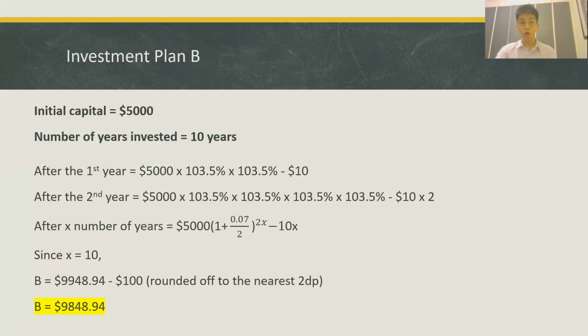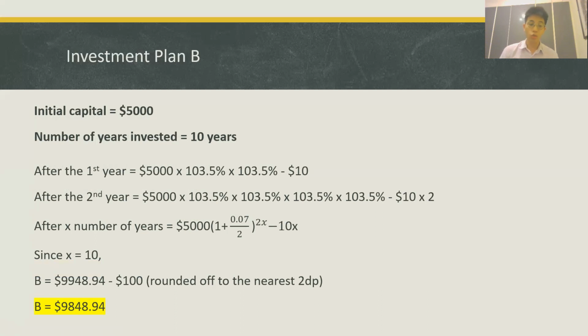So which means to say for x number of years, the formula can be formulated as such. $5,000 times 1.035 to the power of 2x, minus $10 times the number of x years. So essentially, from here we understand that similarly, x is equal to 10.